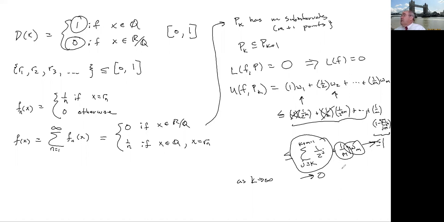And 1 over m, as I get more and more subintervals, means that m gets bigger and bigger. So as k goes to infinity, m goes off to infinity, so this thing is going to go to 0 as well. And so by a very judicious choice of the widths of the subintervals, I can force the upper sums to tend to 0. And that would match the lower sums, and so this would actually end up being Riemann integrable.